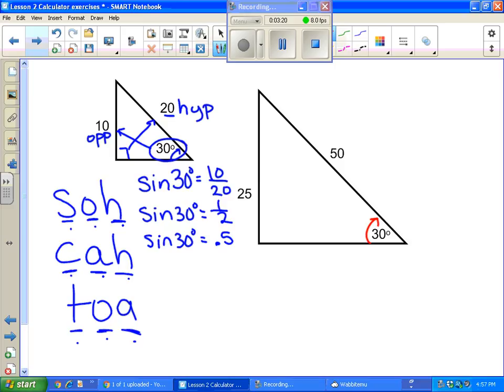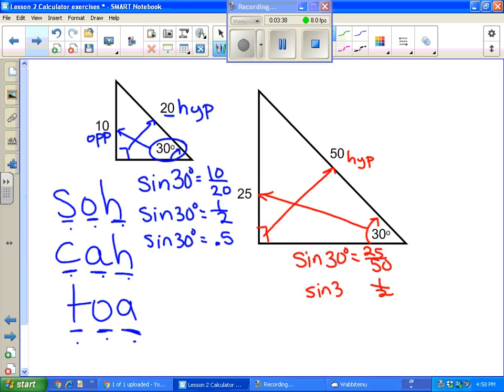This time the opposite side is 25, and the hypotenuse is again across from 90 degrees, it's 50. Lo and behold, 25 over 50 reduces to 1/2. So the sine of 30 degrees in a different triangle also gave me 1/2 or 0.5.